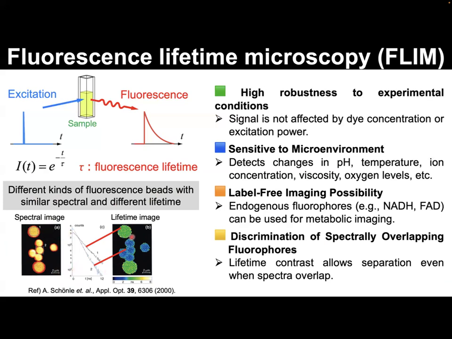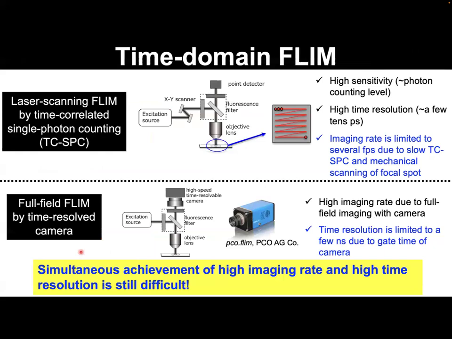However, if we use a lifetime image, we can easily separate them based on the signal analysis of the fluorescence lifetime. In this way, FLIM gives a unique feature in fluorescence microscopy.